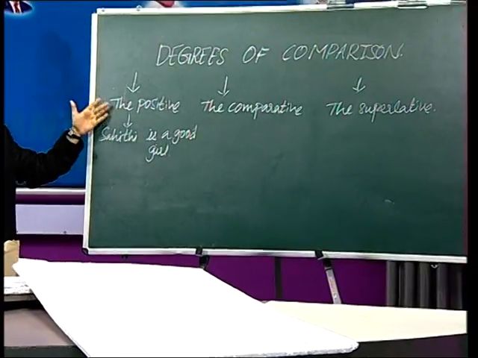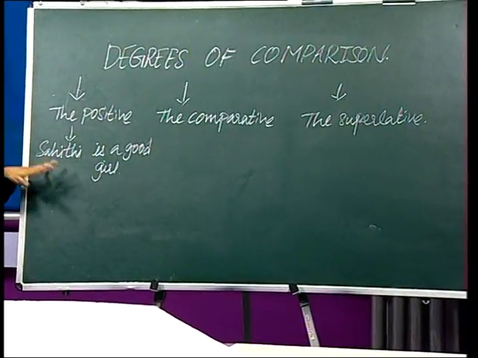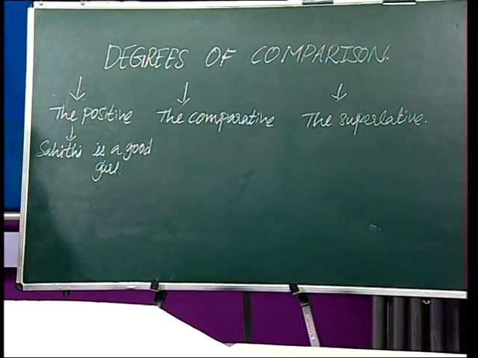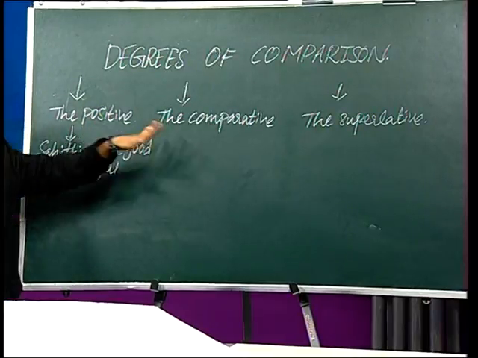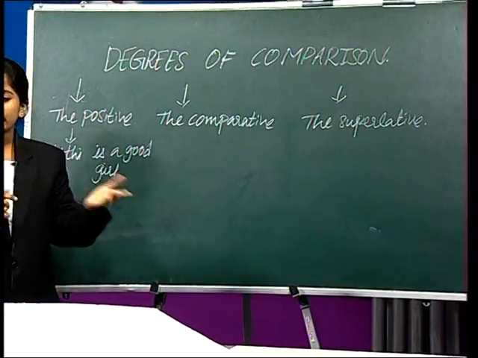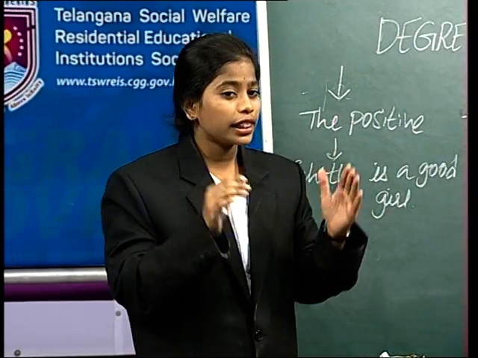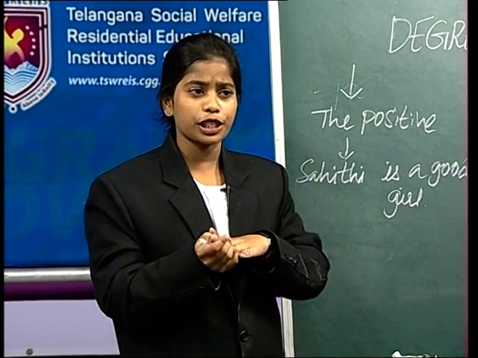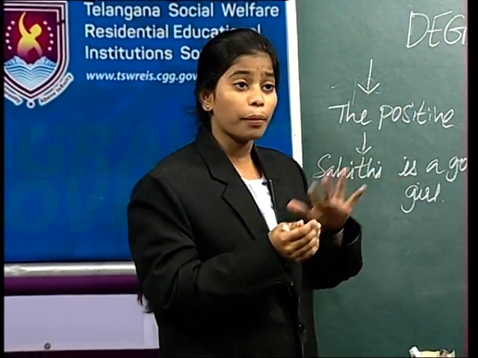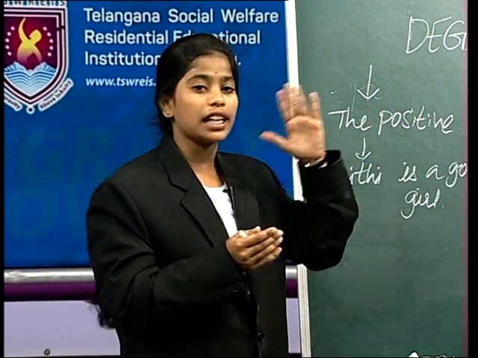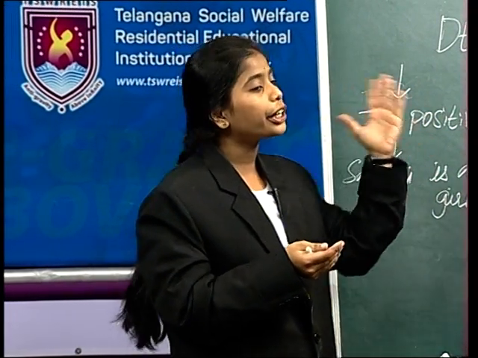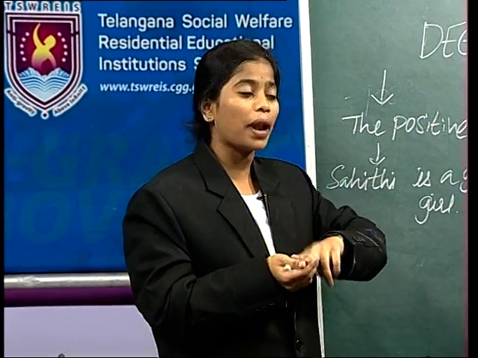As friends, here there is only one noun, describing only one person. So let us take the comparative. Just now we discussed that Mercury is a large planet, and the Earth is larger than Mercury and Jupiter is the largest of the planets.